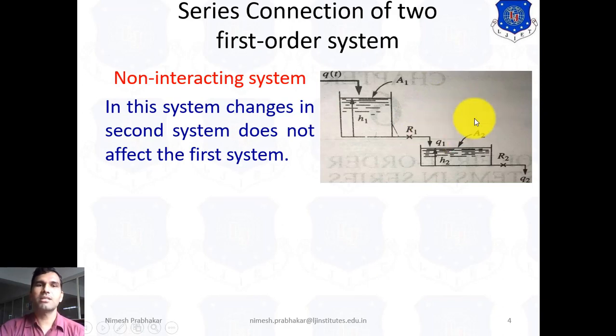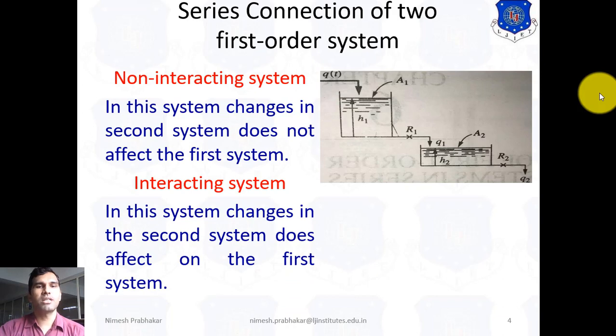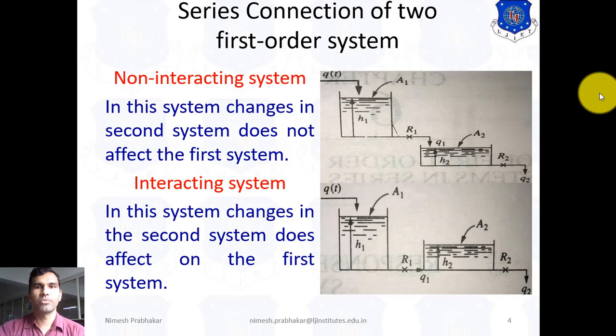Now we discuss the second type of system, the interacting system. In this system, a change in the second system does affect the first system. Now we understand this by the help of the figure. Here we also take two first order systems. The first one is a liquid tank and the second one is also a liquid tank.